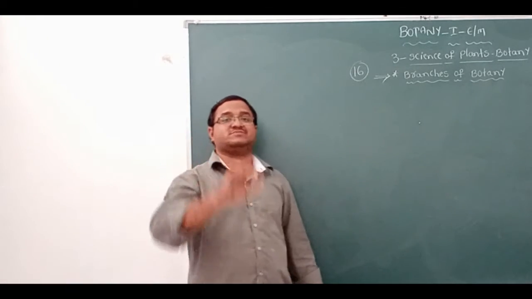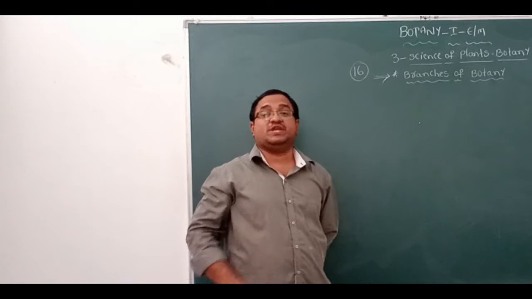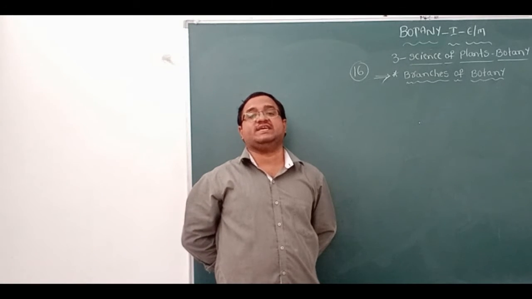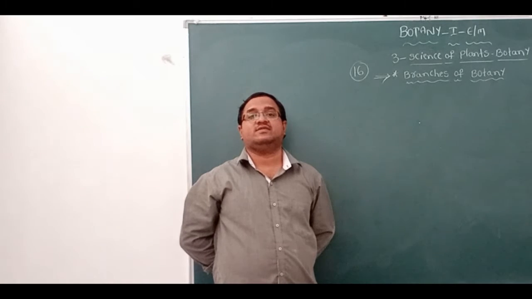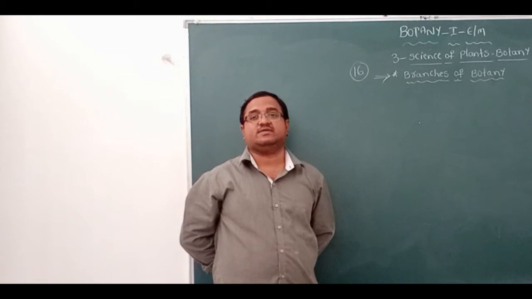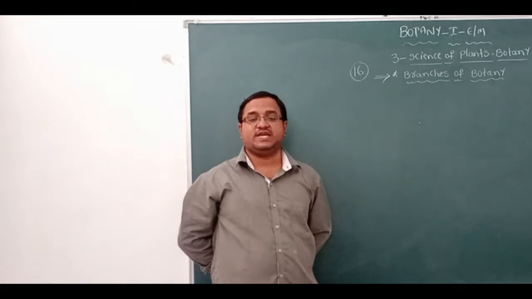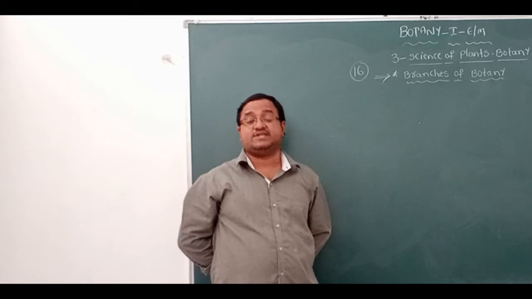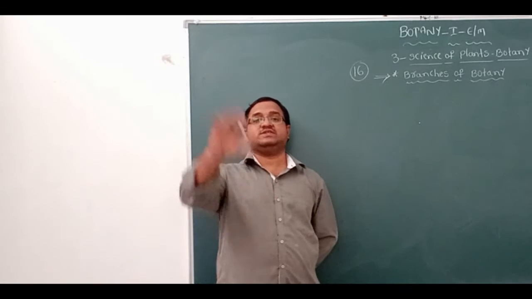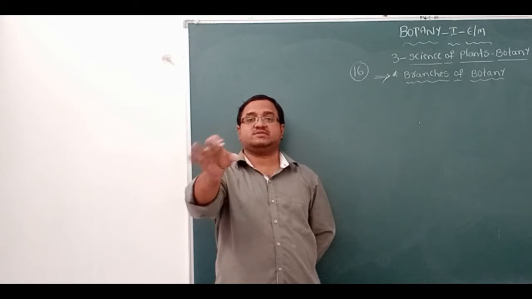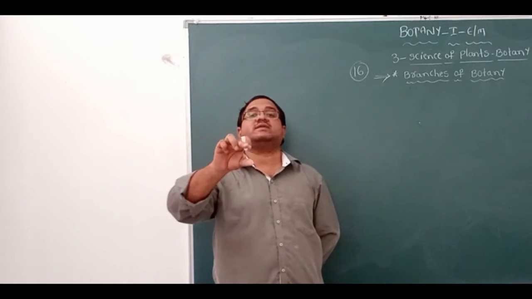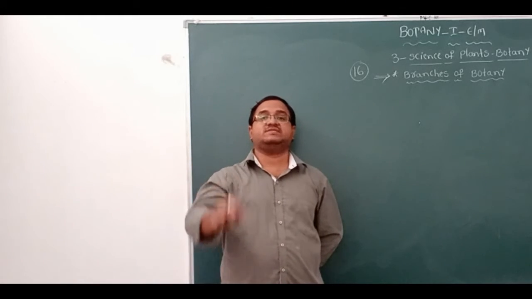So what did we discuss yesterday in the 6 branches? First one is morphology. Morphology means studying and description of different organs in a plant, for example, study of the roots, stem, leaf, flowers, fruits, seeds, etc. Morphology includes 2 sub-branches: one is external morphology, another one is internal morphology.